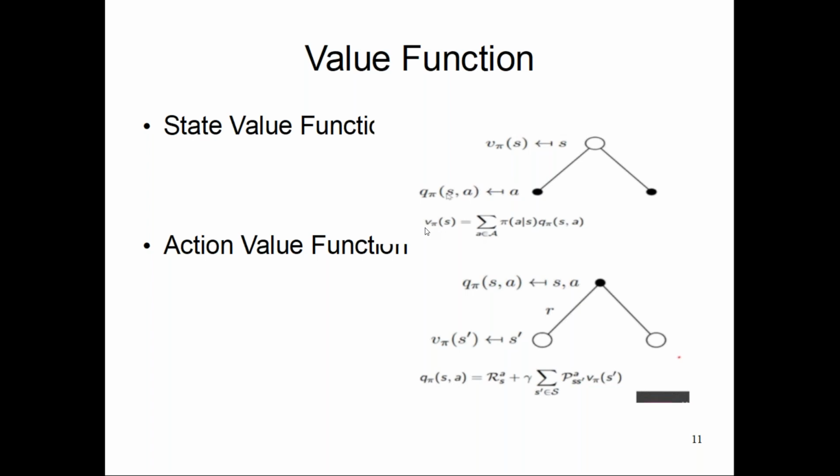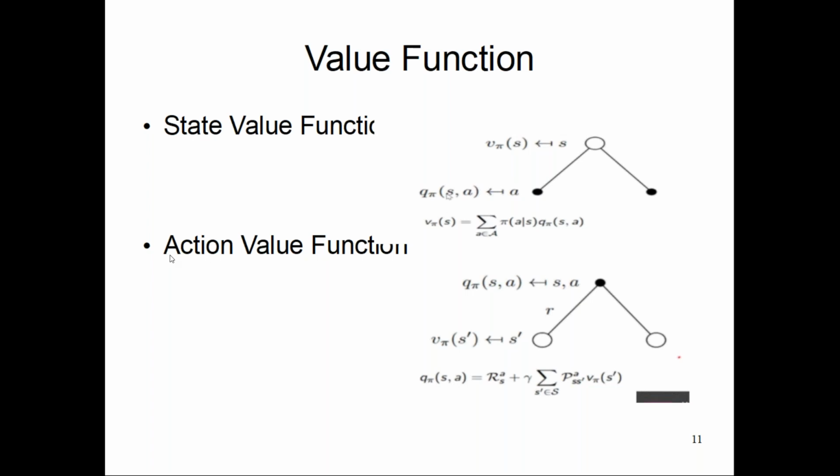Here, the value of a particular state involves some probability and a sigma, the sum of the product of the probability and the action. An action can be Q1 or Q2; Q1 will have a certain probability, Q2 will have a certain probability, and then there is a summation. That is the total state value function.